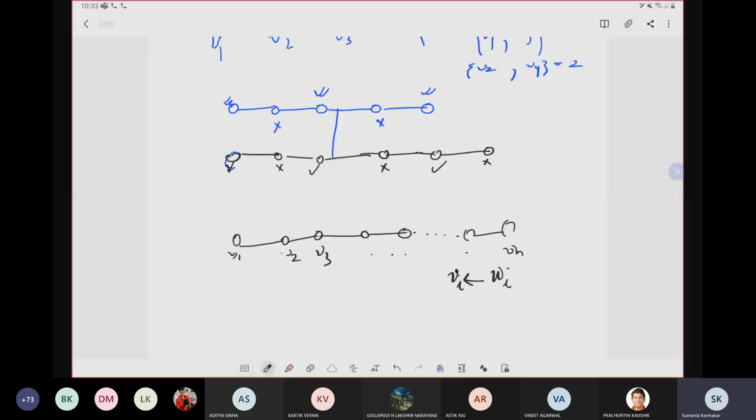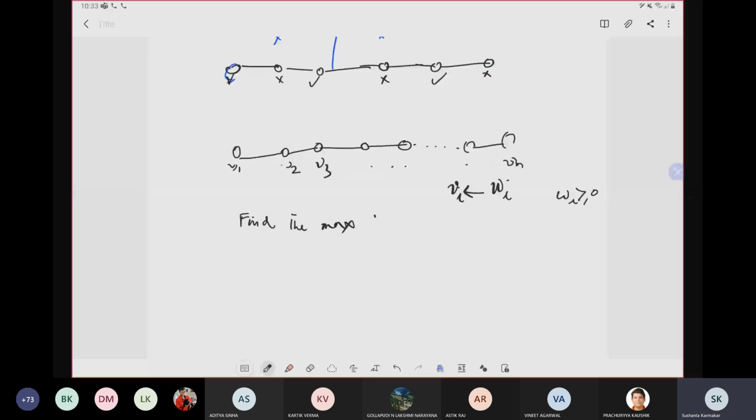I have to find the maximum independent set such that the sum of the weights of the vertices belonging to the independent set is maximized. So suppose you have formed one independent set and you find the sum of the weights. Here the maximization criterion is different.